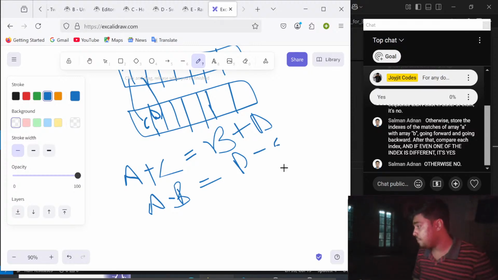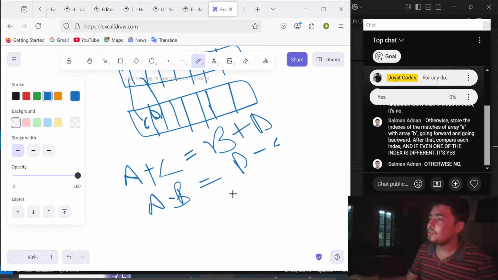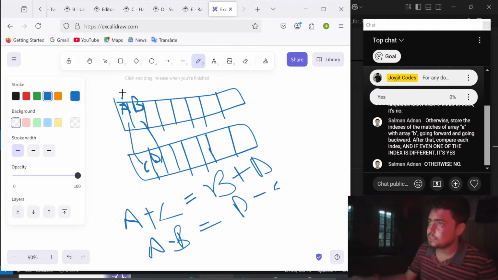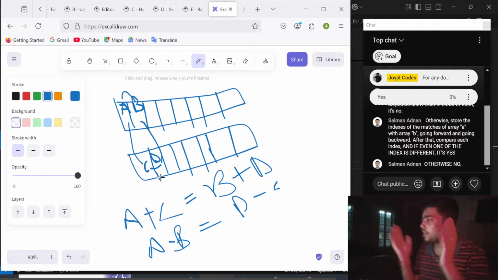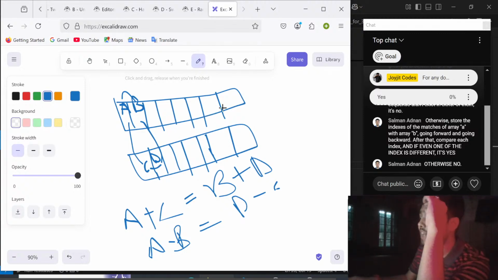It's a different thing, right? Now if I know that the differences between this and this, and this and this, have to be the same, this is a kind of logic that we can come up with: we can sort them. What we can do is sort the array. The first array we can sort in ascending order. And remember one thing, when I'm sorting, I'm ignoring the minus ones.